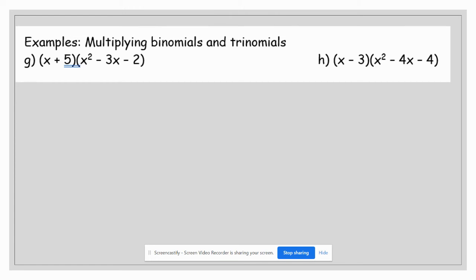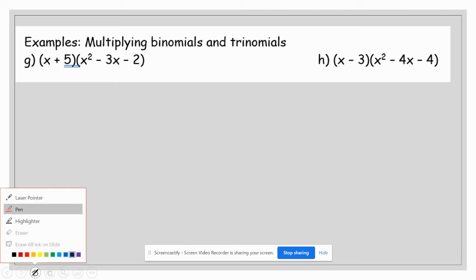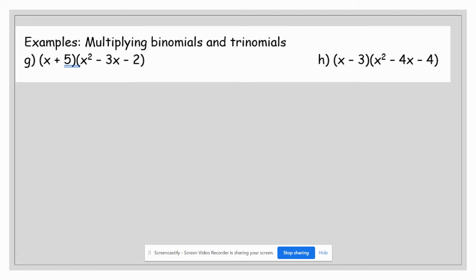And I'm going to do one last set of examples, and this is binomials and trinomials. So I want to talk about one other method, and you can jot this down if you want to. But going way back to like third grade, let's say we had 392 times 46.